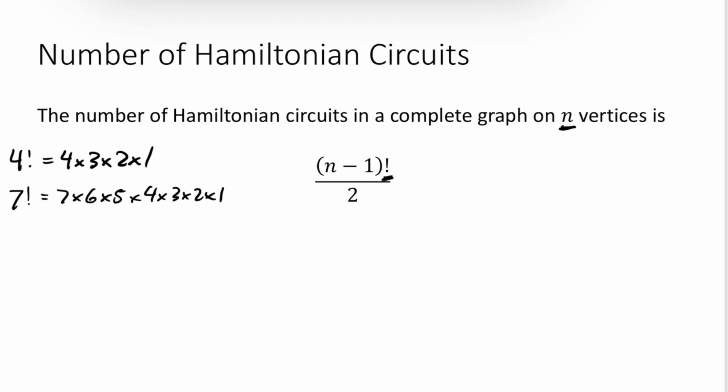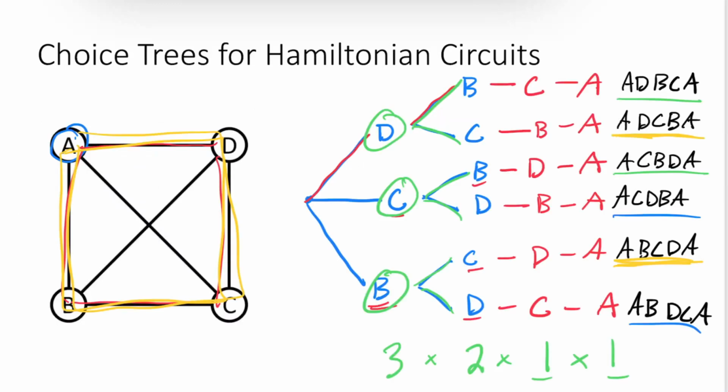And the reason why it's n minus 1 factorial, if you have n vertices, is because if we go back to the slide where we were finding the number of circuits in 4 vertices, notice that we didn't start with a 4, we started with a 3. The reason we started with a 3 was because we started at vertex A, and then we had 3 choices of where we went from vertex A. There's 4 vertices, but one of them was the one that we said was our starting point, so we didn't have to make a choice for that.